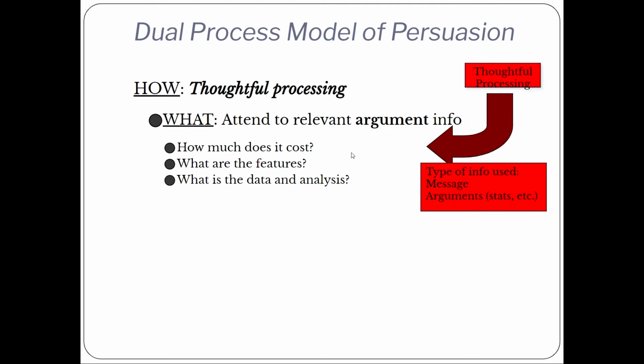For example, if you're trying to sell a car to someone, and they're processing your persuasive message in a more thoughtful, deliberate way, they would pay attention to information such as how much it costs, what the features are, what the data is, and the cost-benefit analysis of buying this car.